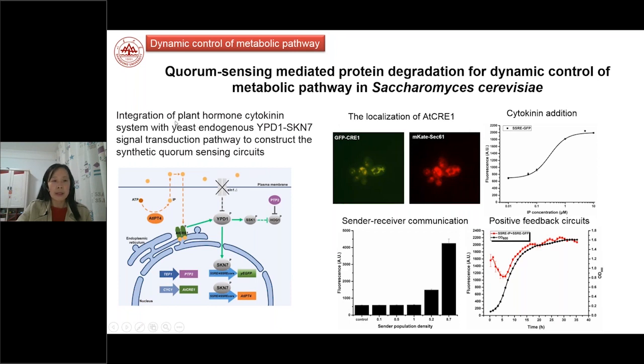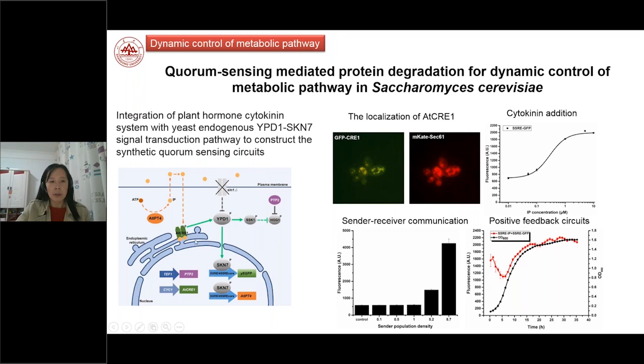This system is from a plant hormone. So we constructed the plant hormone cytokinin system in yeast and combined it with the yeast endogenous YPD1 and SKN7 signal transduction pathways to construct the synthetic chrome sensing circuit.